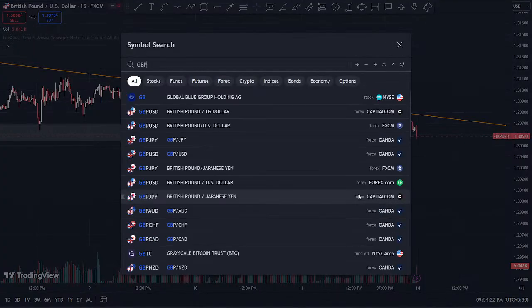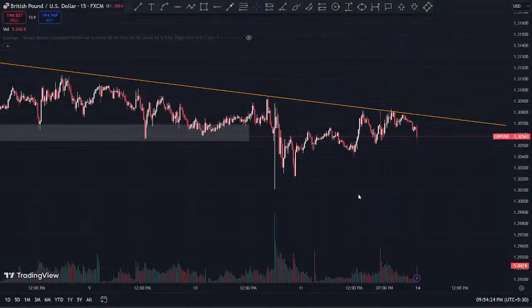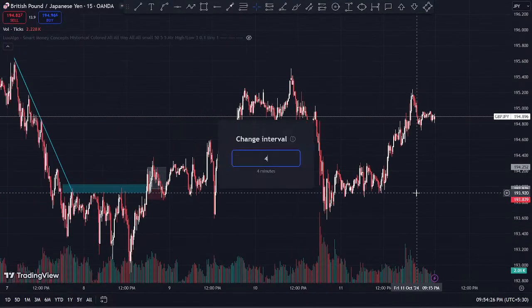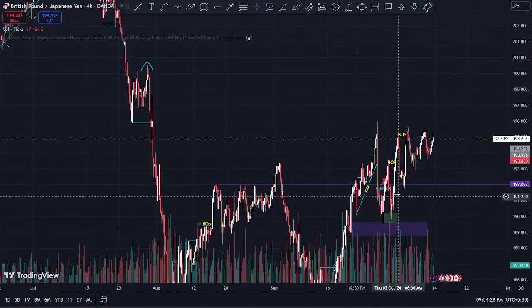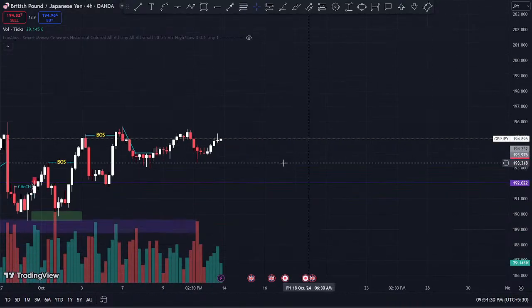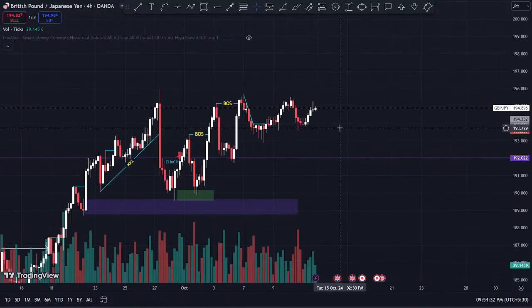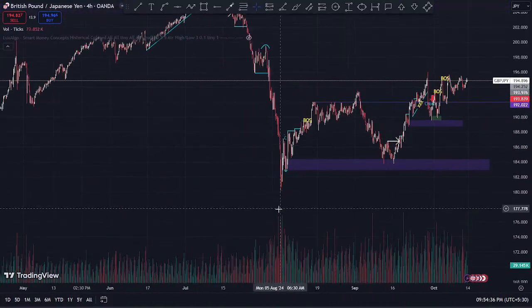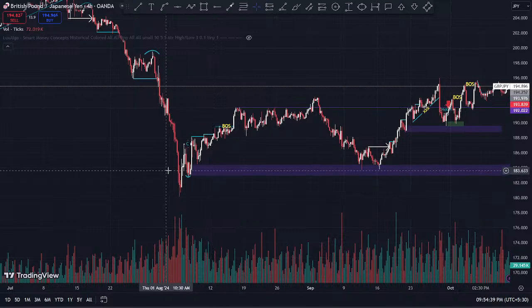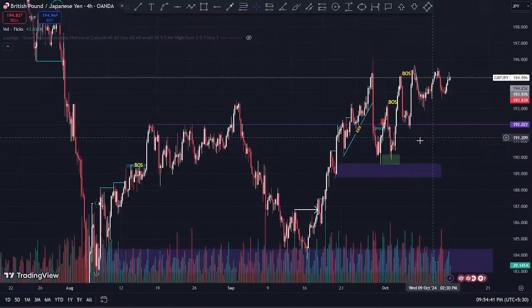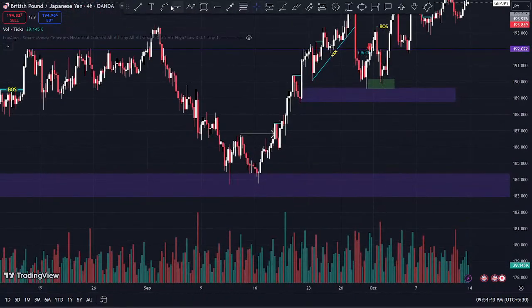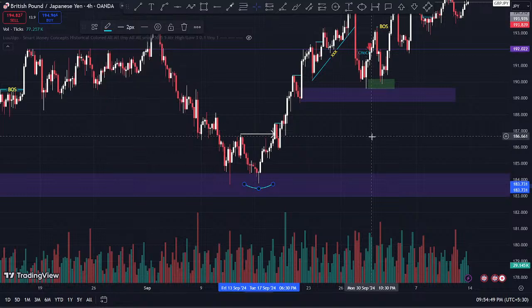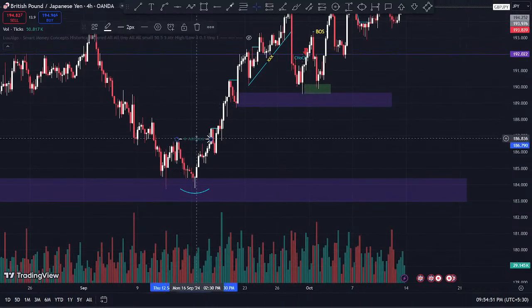Not right, GBP JPY. Okay, strong flip demand reaction. Strong low. Blue strong low, change of character.